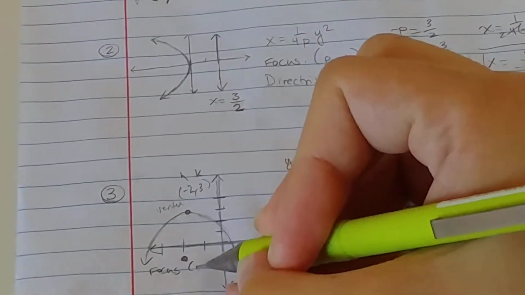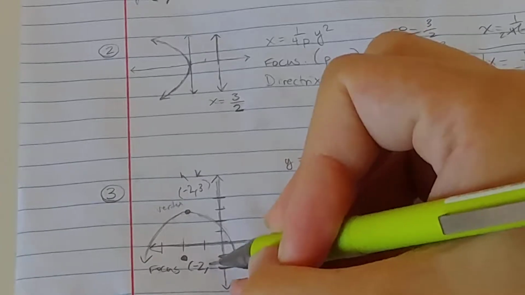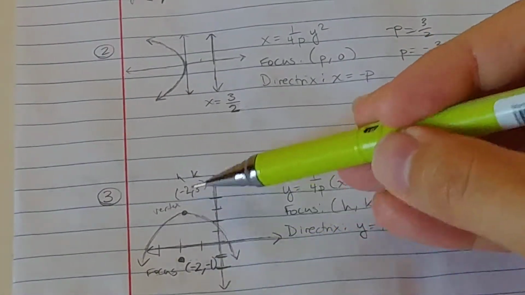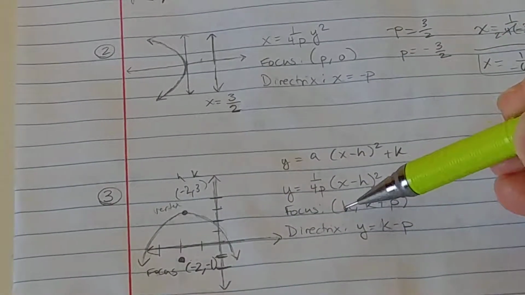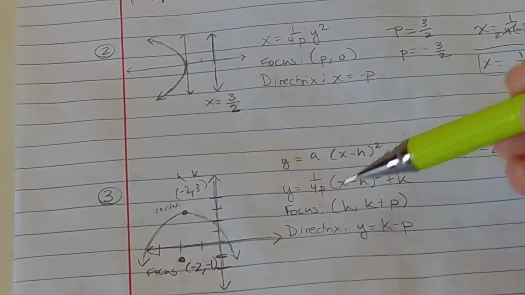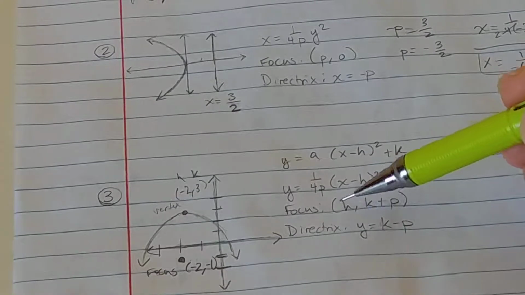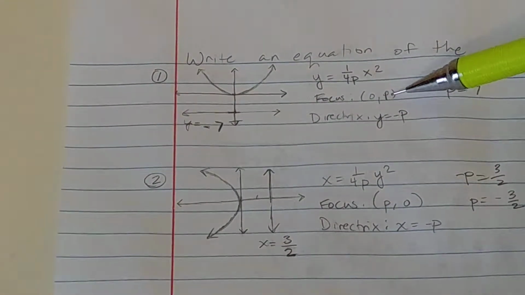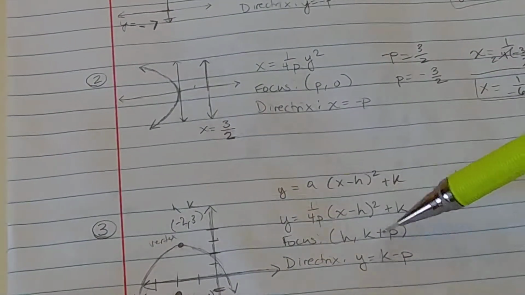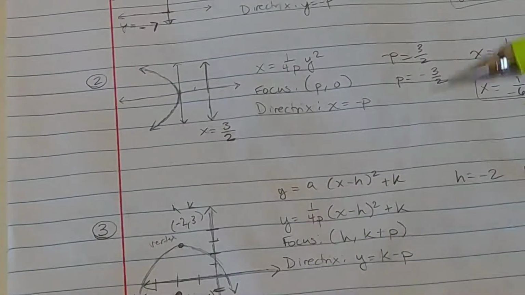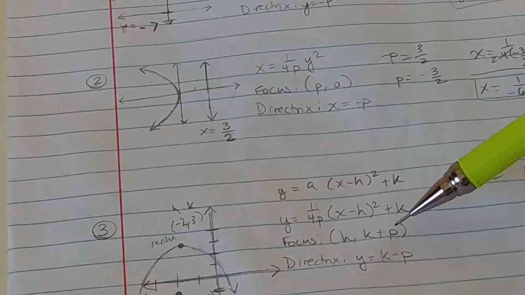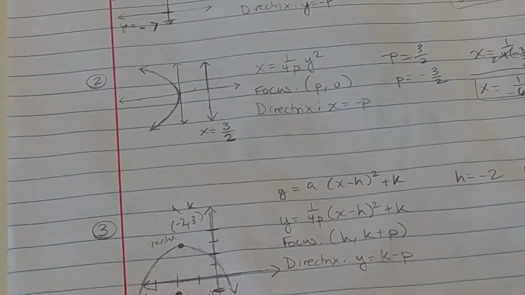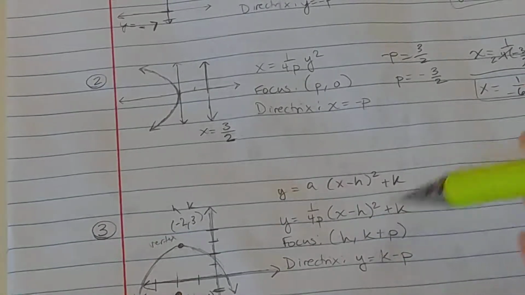That point is negative 2, comma, negative 1. Notice that the x's are the same. When it opens up and down, the x isn't changing, it's the y. So our y is changing, and we need to find out how much it changed by.